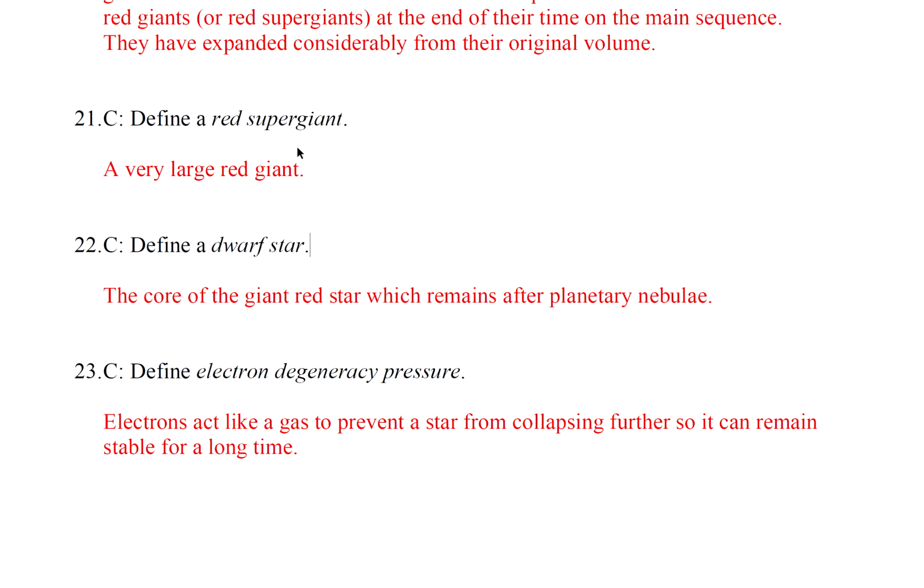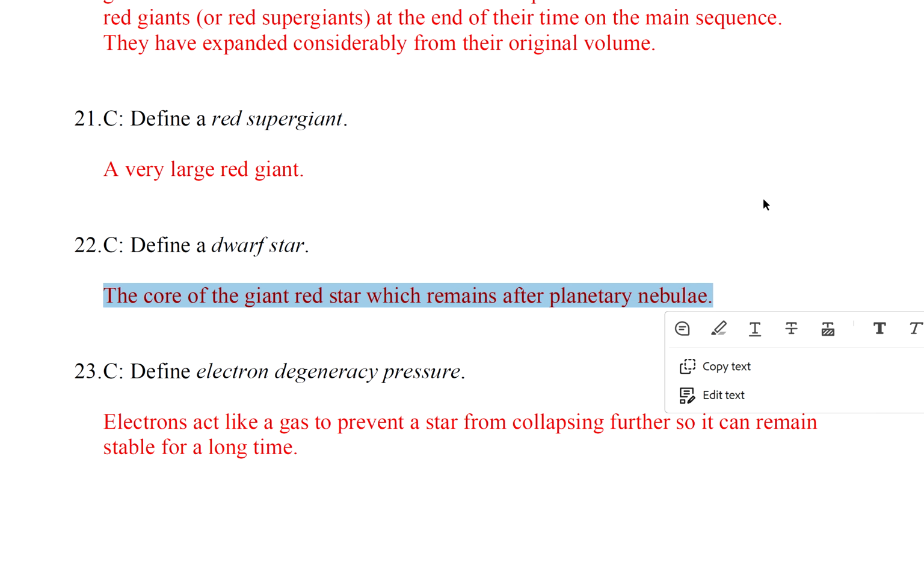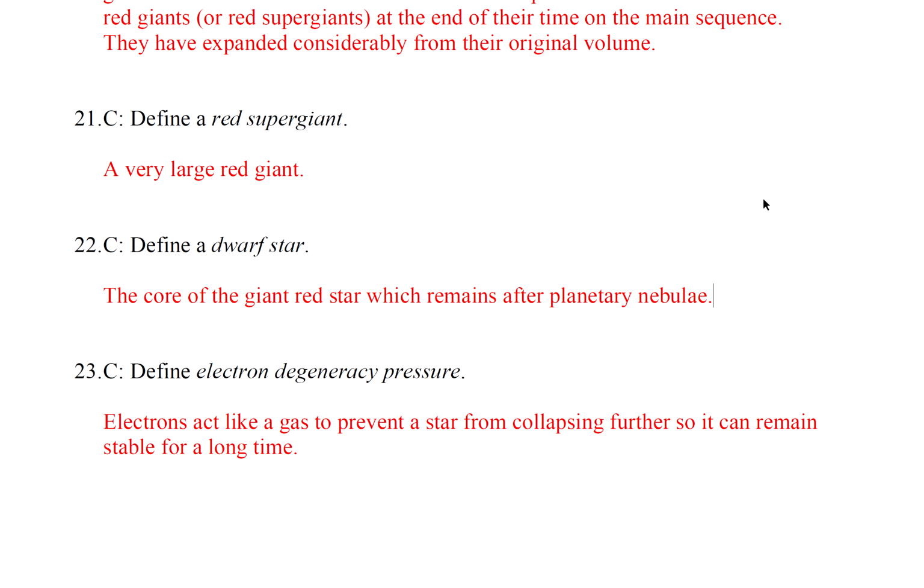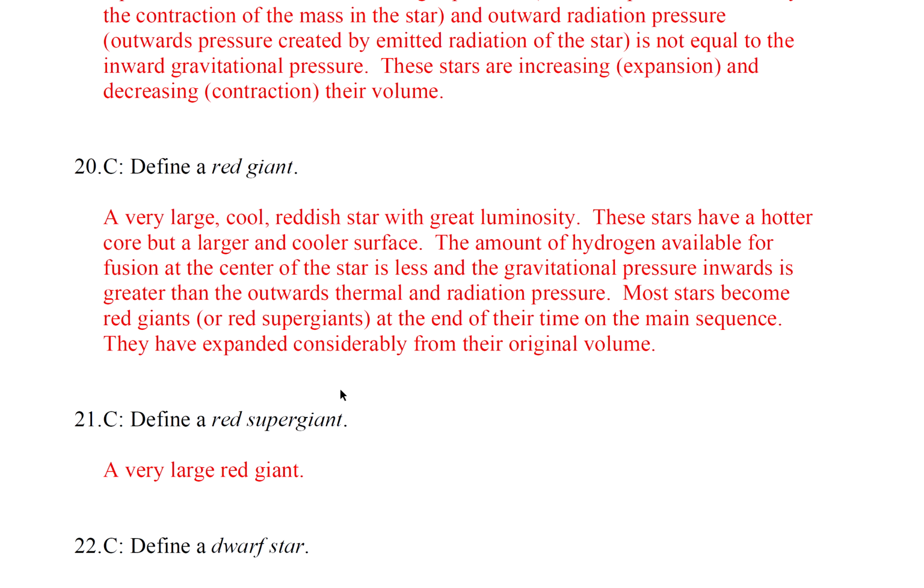So a red supergiant is a very large red giant. A dwarf star is a star which is the core of the giant red star, which remains after planetary nebulae, meaning after it dies down, the energy gets expended. And this is a red giant, a very large, cool reddish star with great luminosity.